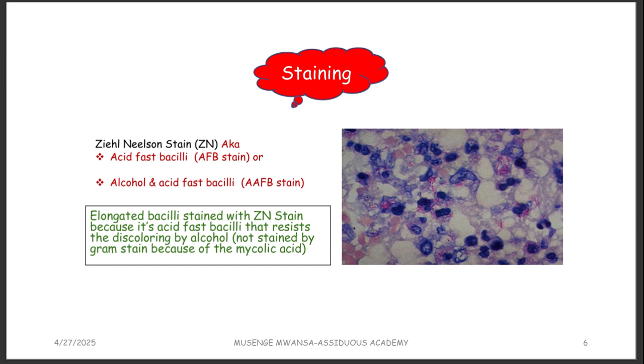That's the same as the ZN stain. That is because of the mycolic acid. So elongated bacilli stain with ZN stain because they are acid fast bacilli that resist the discoloration by alcohol. So not stained by gram stain because of the mycolic acid.